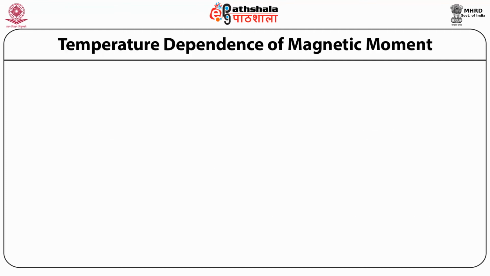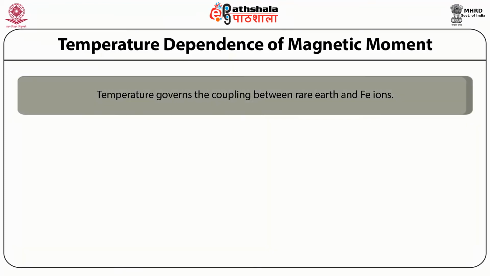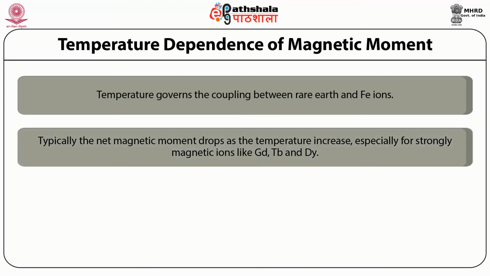Temperature dependence of magnetic moment. It is dependent upon the temperature, which governs the coupling between rare earth and Fe ions, that is iron ions. Typically, the net magnetic moment drops as the temperature increases, especially for strongly magnetic ions like Gd, Tb and Dy.